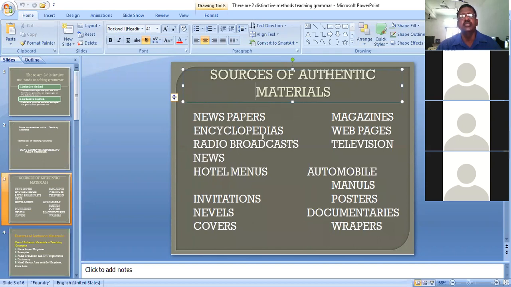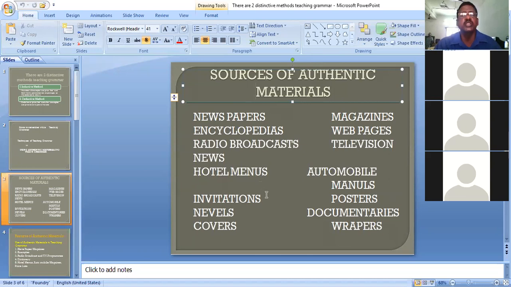And encyclopedias. Encyclopedia means we can find deep studies of a subject in the encyclopedias. And radio broadcasts. Some of the radio broadcasts and news we can listen to on the radio. And hotel menus, invitations.